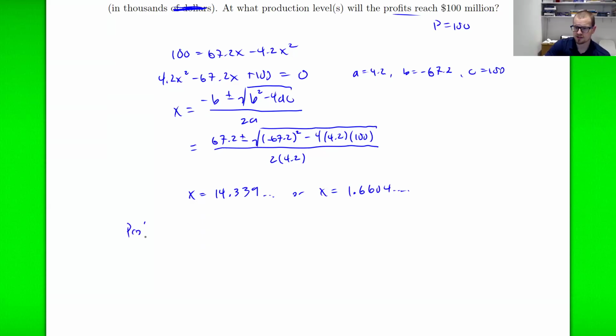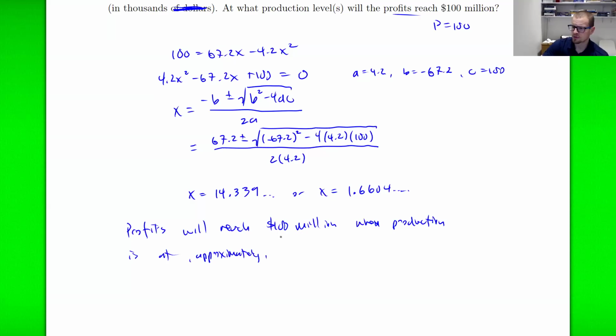So profits will reach $100 million when production is at approximately, we're going to write it as just one decimal place, rounding to the nearest tenth.